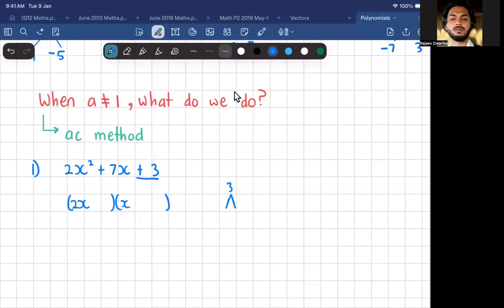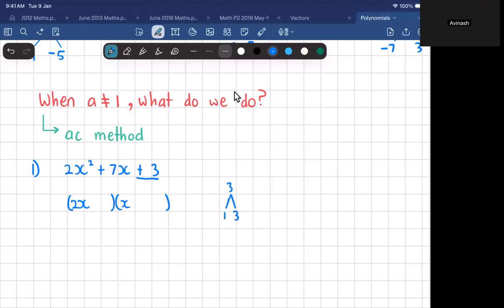If you multiply two numbers, what two numbers will give you three? Would decimals count, like 1.5 and so on, or not? No. 3 and 1? Yeah, 3 and 1.